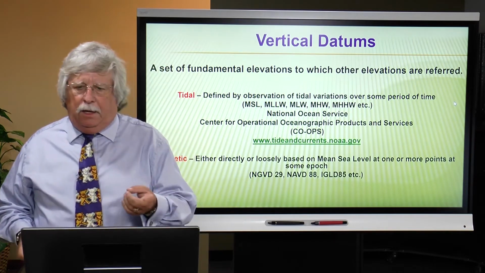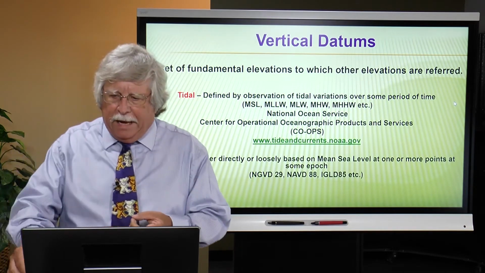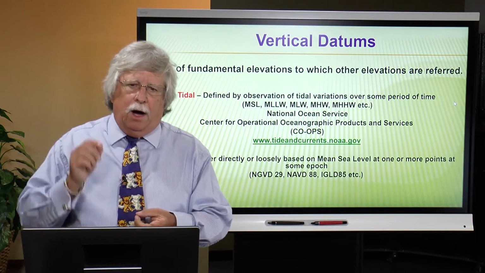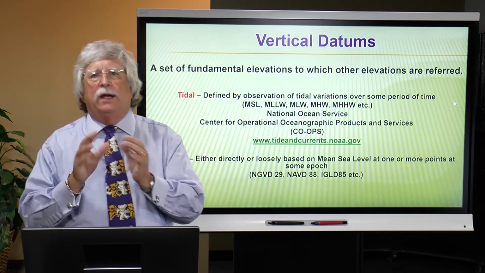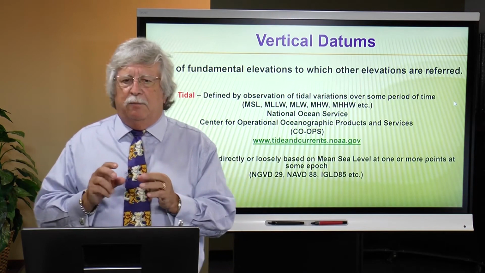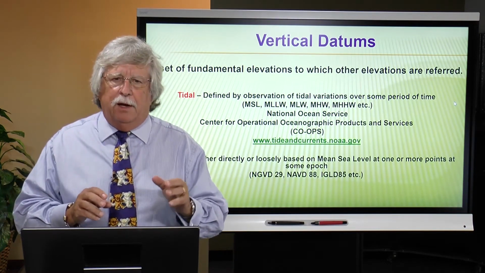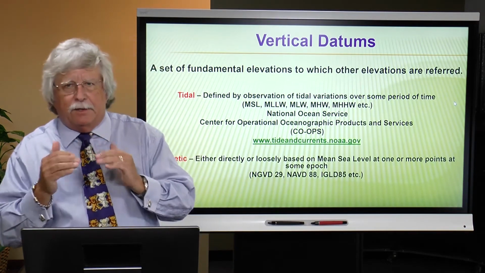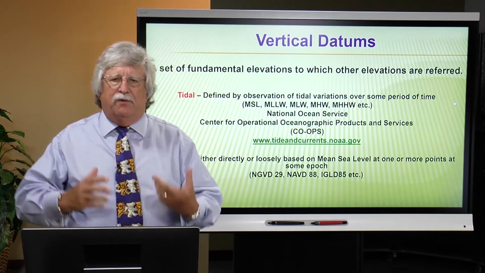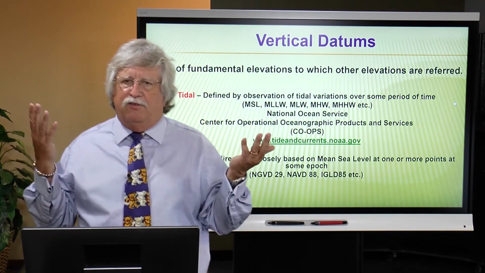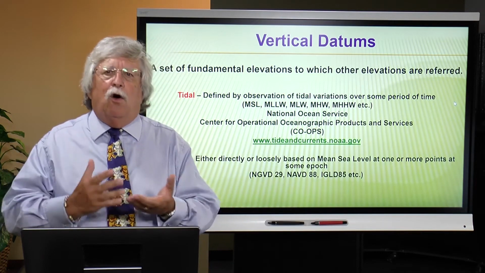Now, the main part of this presentation on vertical datums is about the geodetic side. And a geodetic datum here differs from the tidal datum, even though they might be closely connected, in that a geodetic datum hopefully provides a solid foundation for a larger area.